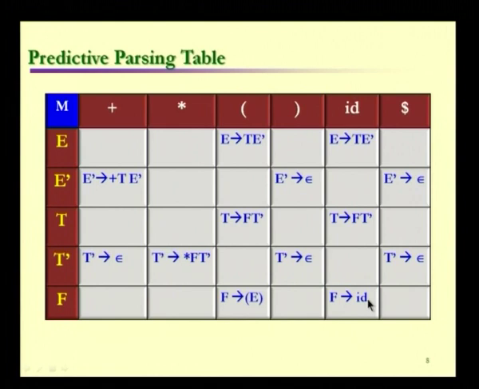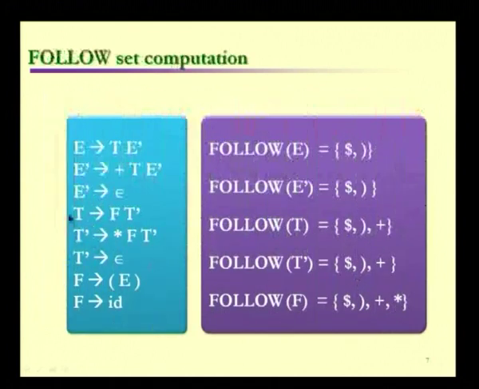So next, rule number 3 says we have a few more productions. You just look at the production E dash derives epsilon and another production T dash derives epsilon. These are productions for which the right hand sides have only epsilon, which means the right hand side does not have any valid terminal as the first set.